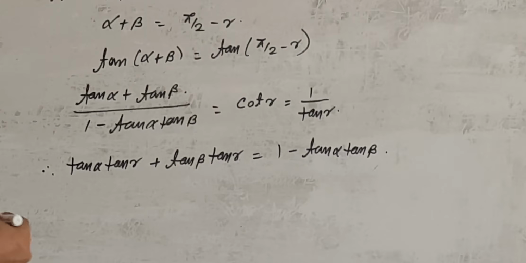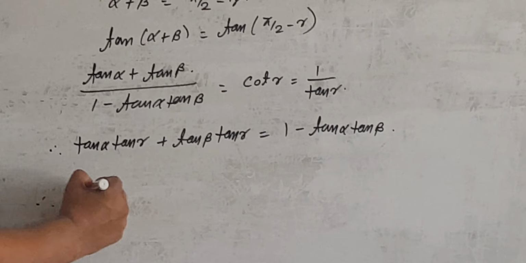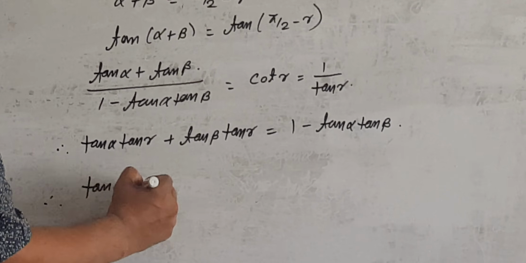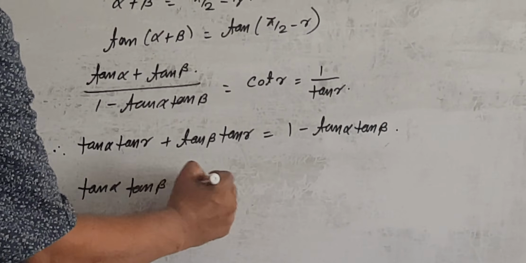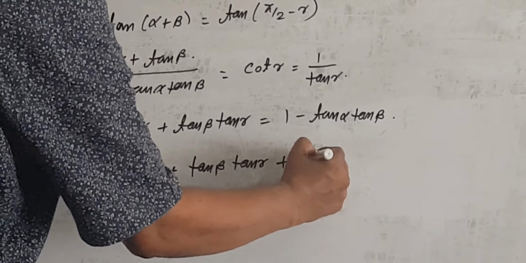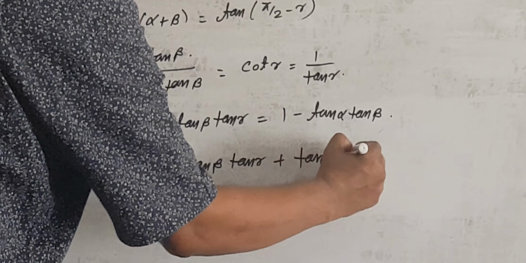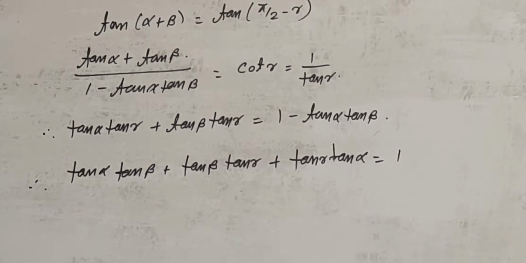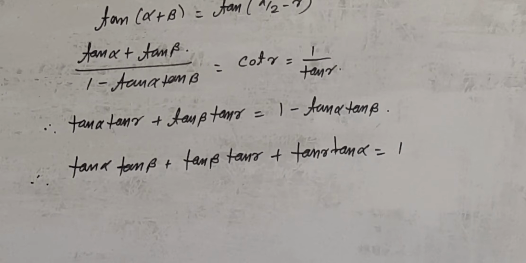So the final result will be tan alpha tan beta plus tan beta tan gamma plus tan gamma tan alpha is equal to 1.